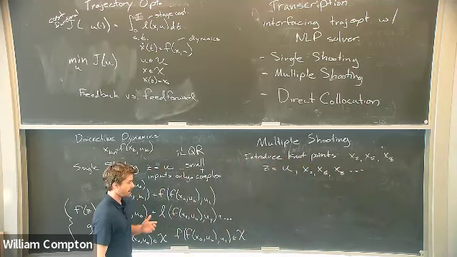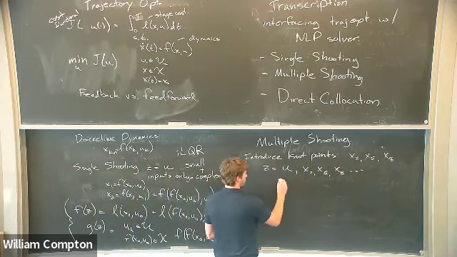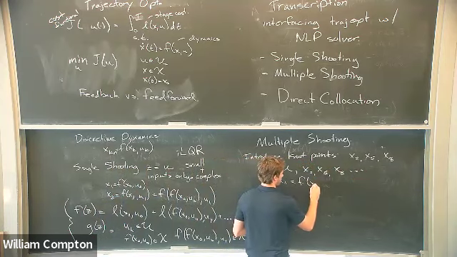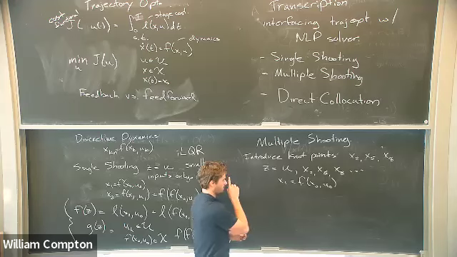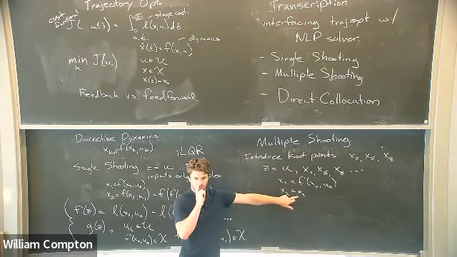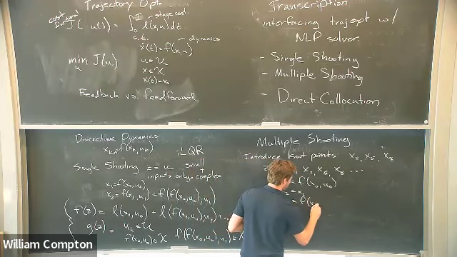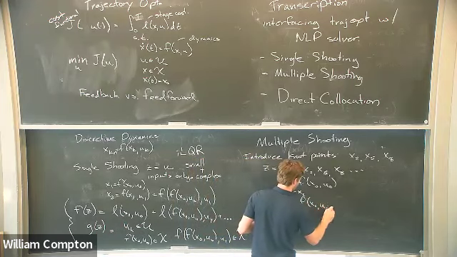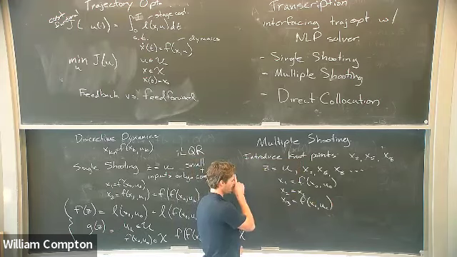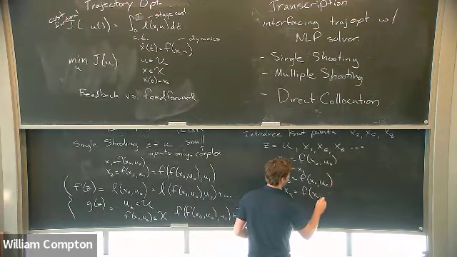The idea is that if I want an x1 to show up somewhere in my optimization problem, x1 is going to be f of x0, u0. If I want an x2, I actually have x2 as a decision variable, so I'm going to use x2 directly. If I want an x3, I'm going to apply f of x2, u2, right? So I apply the dynamics now not to x0, but to x2. And similarly, if I wanted an x9, I'm going to say f of x8, u8.